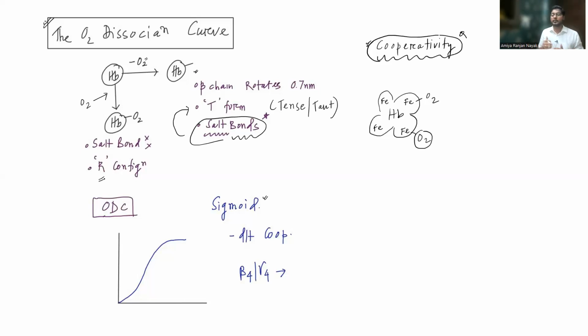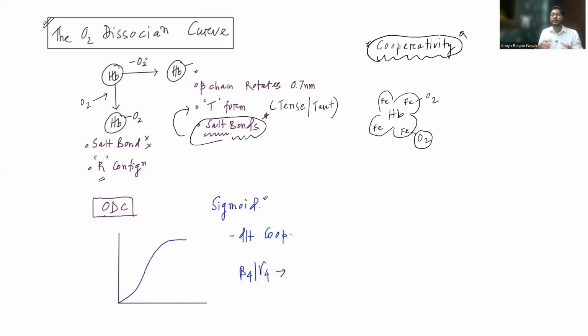I'll repeat it again. If you have a hemoglobin tetramer which can take up 4 molecules of oxygen, and you add one oxygen, the salt bonds will be broken, they will become more relaxed, and they will tend to take up more and more oxygen. That means the affinity for oxygen will increase. Why is it increased? Because they are relaxed. Why are they relaxed? Because they have no salt bonds.